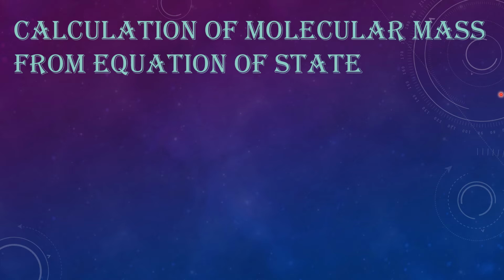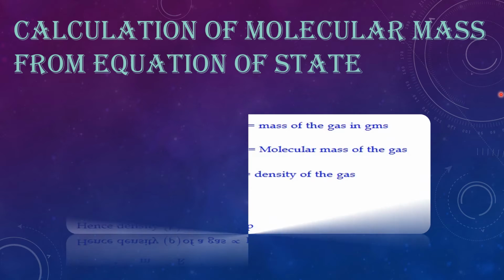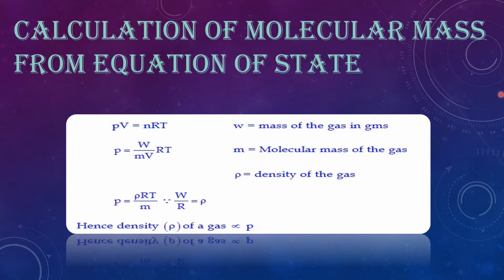Gram molecular mass of the gas is equal to capital M. Number of moles of gas is W by M. Therefore, n is equal to W by capital M. Therefore PV is equal to nRT, or PV is equal to W by M into R into T. So M is equal to WRT by PV. Hence, gram molecular mass of the gas can be found out from a knowledge of P, V, W, R and T.